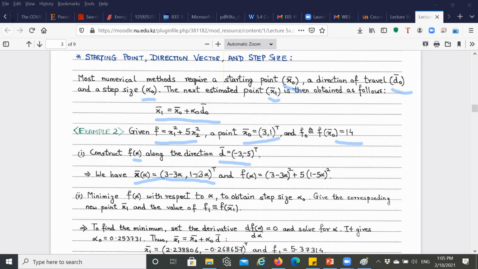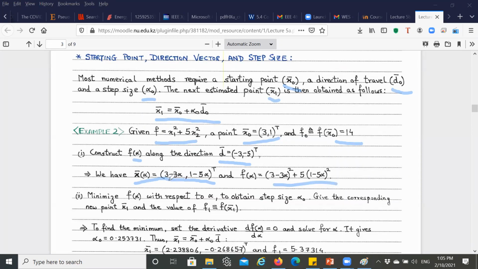Is it clear? Do you understand how I got this? So this is my new point, correct? Yes. And substituting this x and y in the function would give you the functional value at this point, okay?